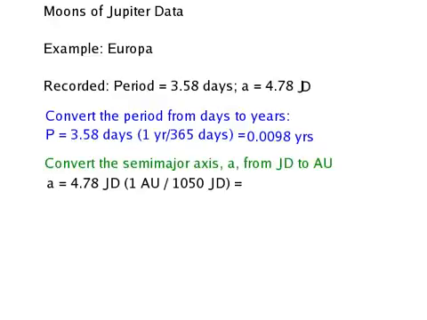We're going to a larger unit, so we want to wind up with a smaller number. Same thing with the period: 3 days is a much smaller fraction of a year.